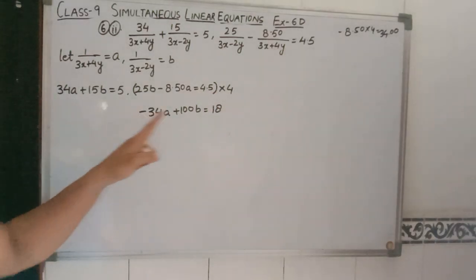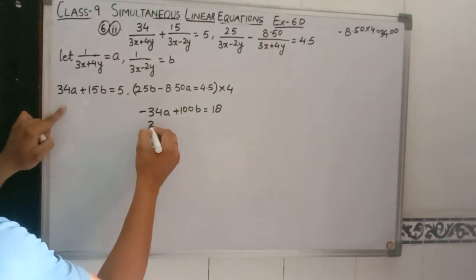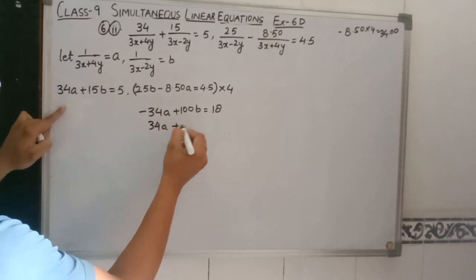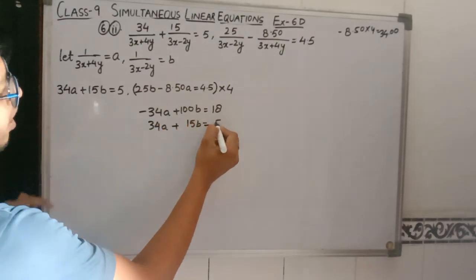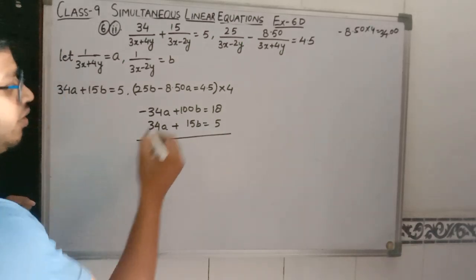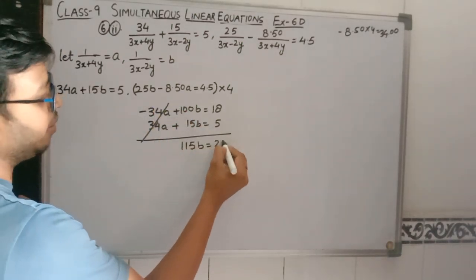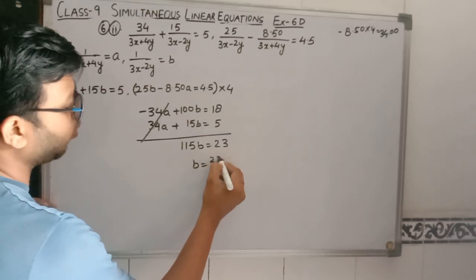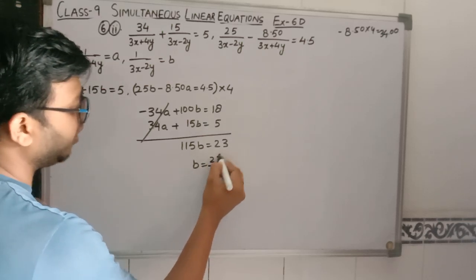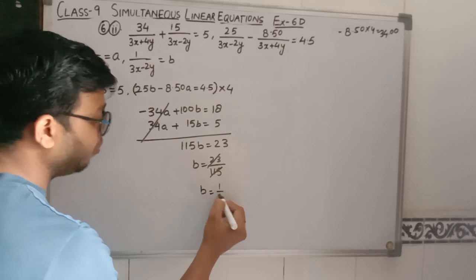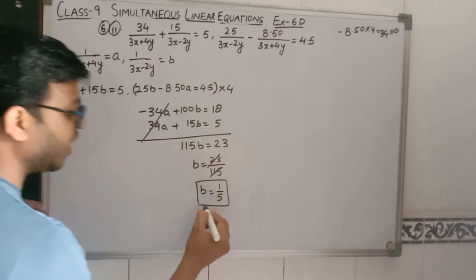So that is the equation after multiplying by 4, and the previous equation will be written similarly. After that when we solve this, the a terms cancel out, this will become 115b, this will become 23. So b is equal to 23 upon 115. Cancel out, the value of b is coming 1 by 5.